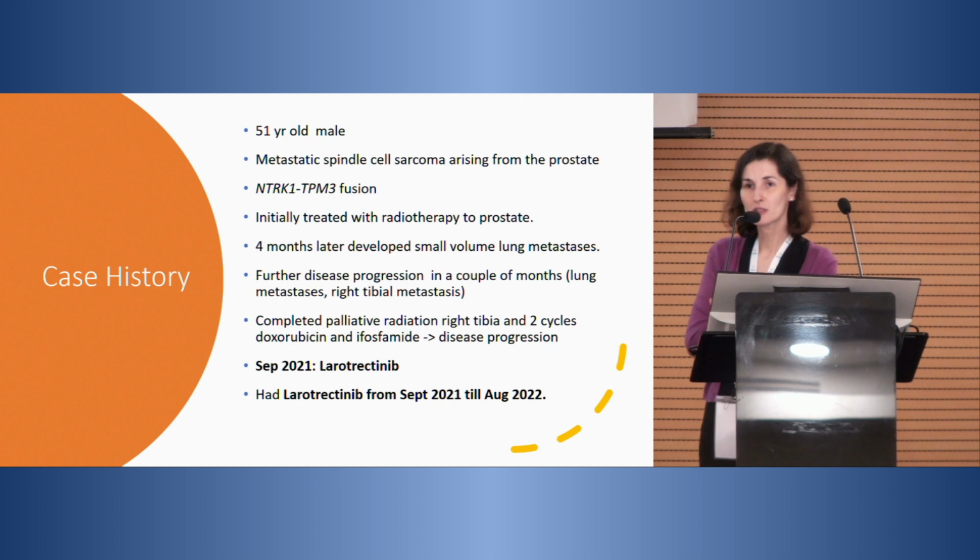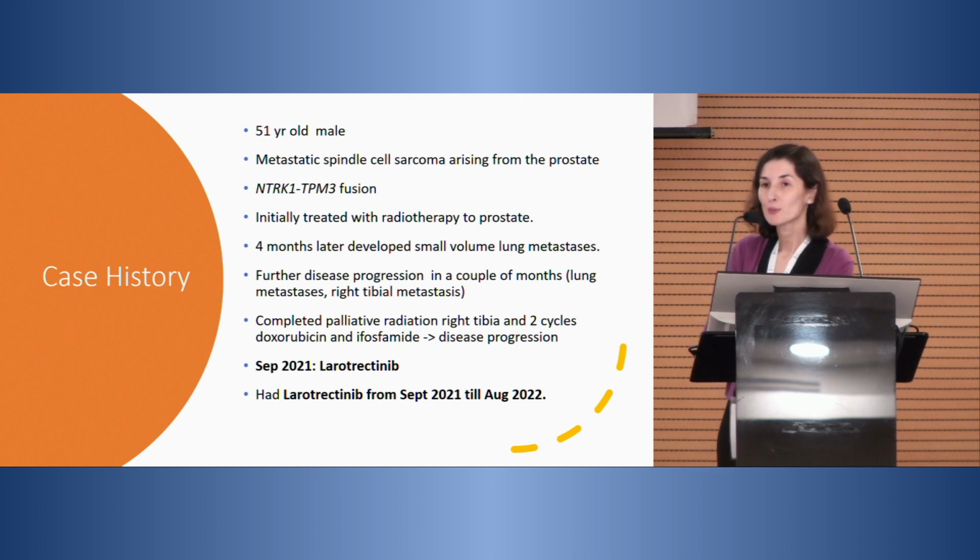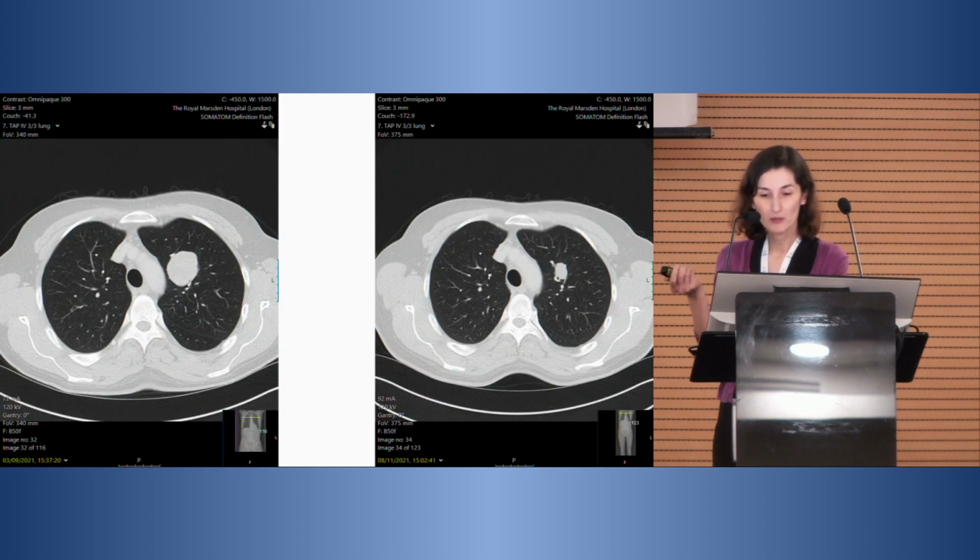So he was initially treated with radiotherapy, then developed metastases in his lungs and had further progression, was treated with radiotherapy, then chemotherapy, unfortunately had further disease progression, and at that point we had the larotrectinib available, and he was treated in September 2021.